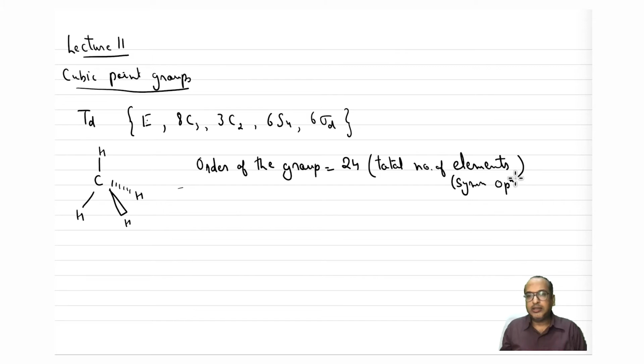So you can see that it's a very large number, so it's a highly symmetric point group. Now the second is octahedral, which is OH.